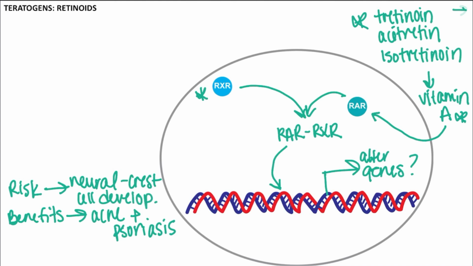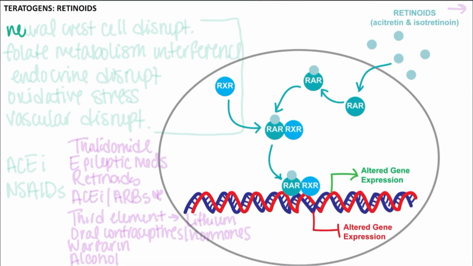So moving to our next slide, neural crest cell disruption is one of the primary general mechanisms by which drugs can elicit teratogenic effects.